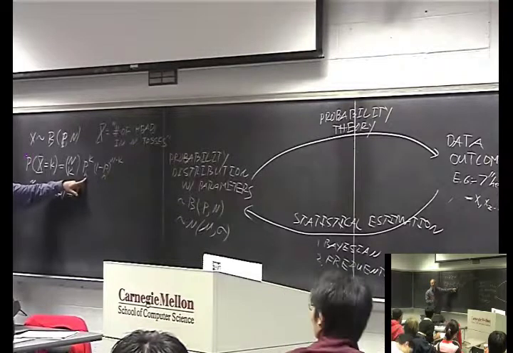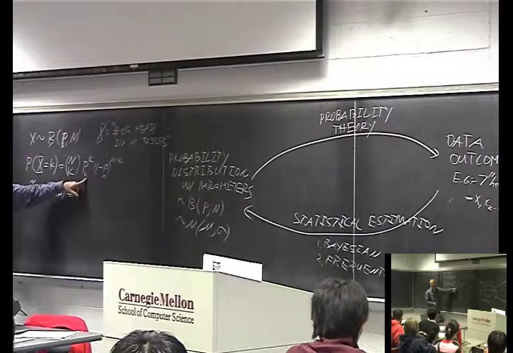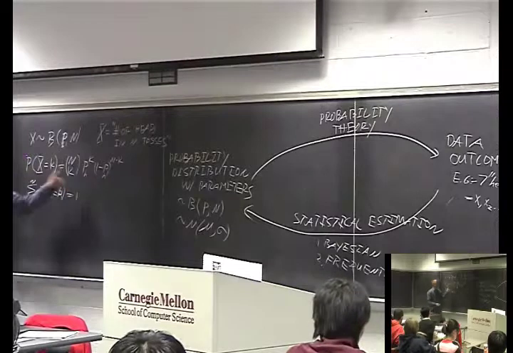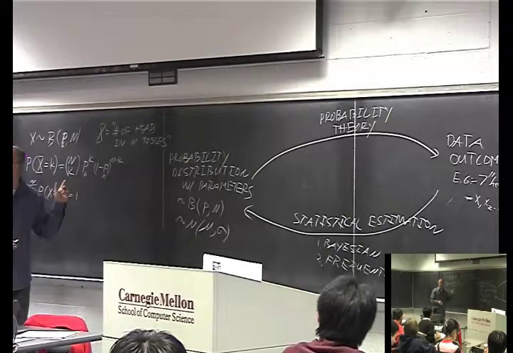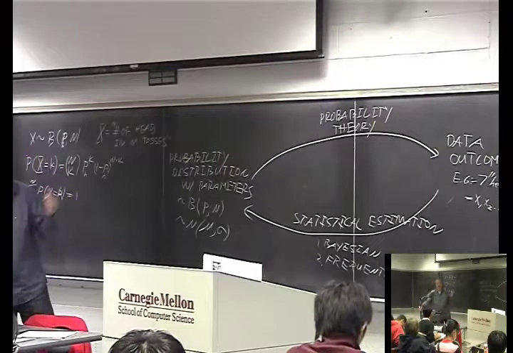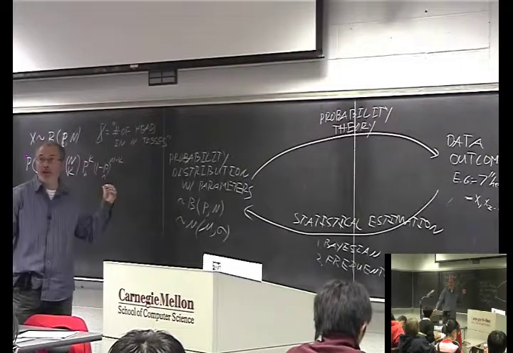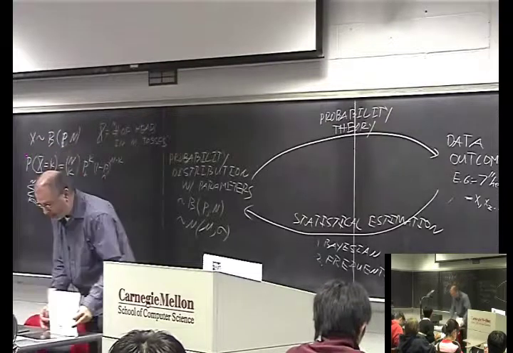If you got 9 out of 10 heads, it's very unlikely the probability of head is small, and vice versa. This can then be used to invert the relationship, and I'm not going to go through the process with you, I'll just give you the form of the confidence interval formula. But what I want you to know is that it's derived from this. You start by writing down this direction, and then you use it to derive the formula for going back.